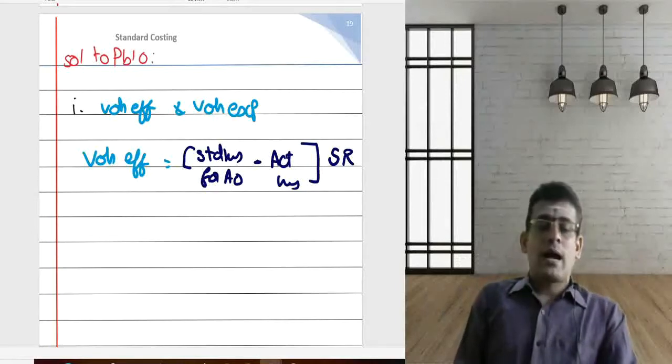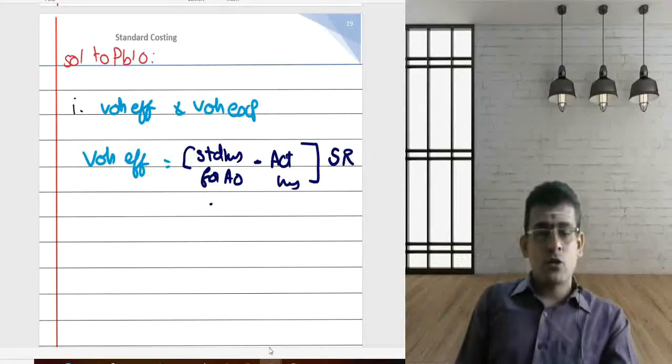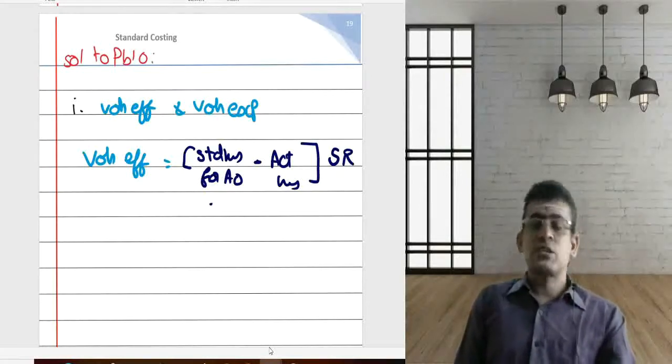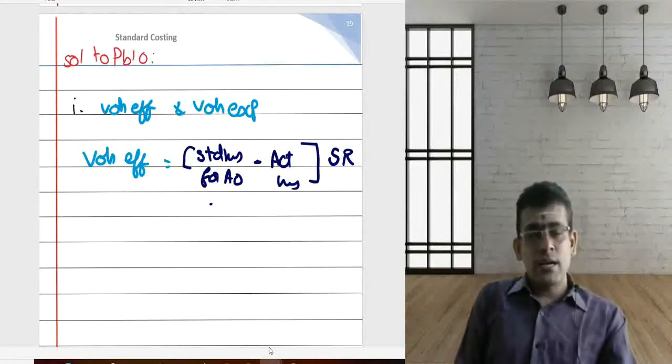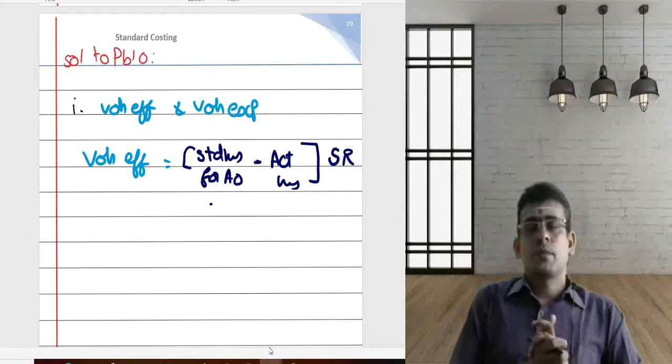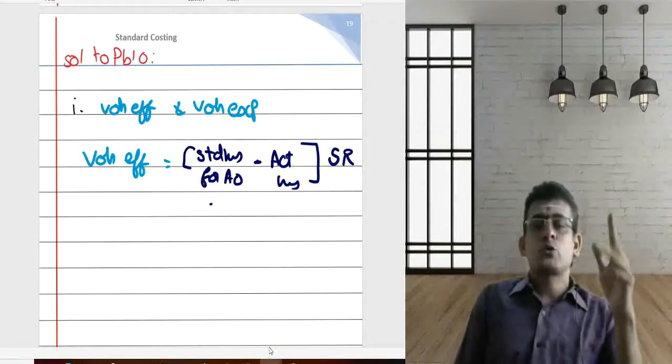If I do that, I will get my efficiency variance. Now, do you have your standard hours for actual output? No. You have your actual hours. So this part is there, this part is not there, and even the standard rate per hour is also not there. That also we are supposed to calculate.